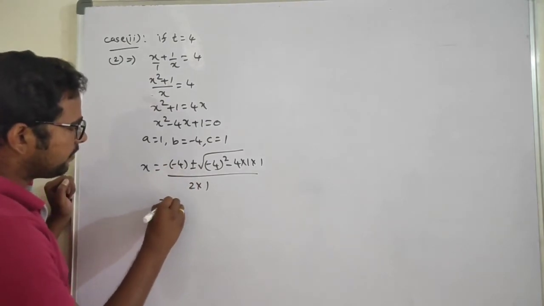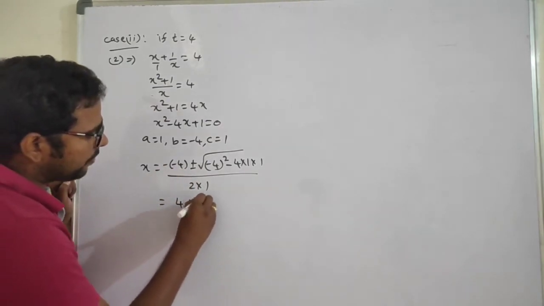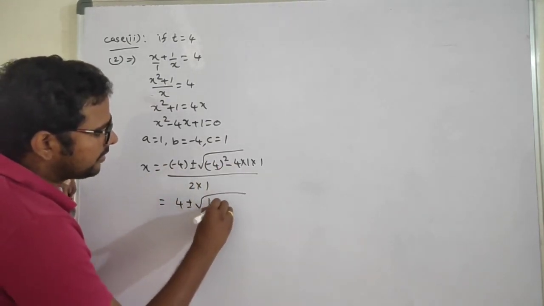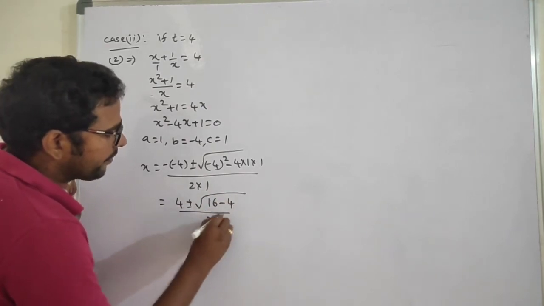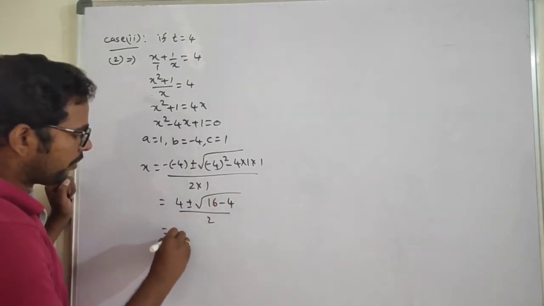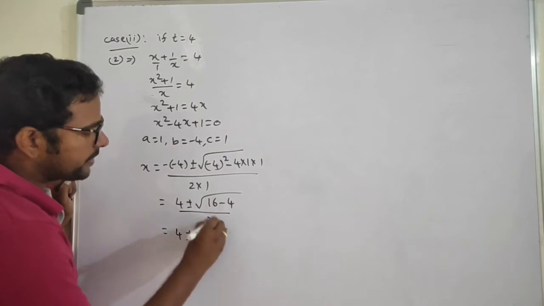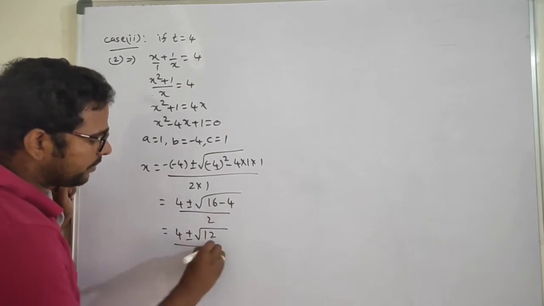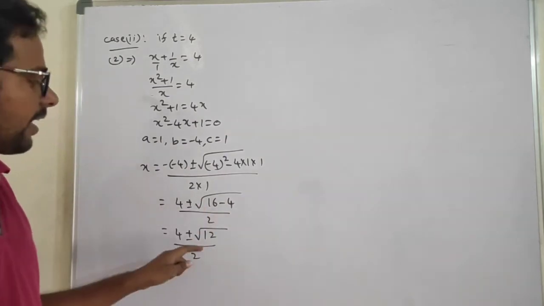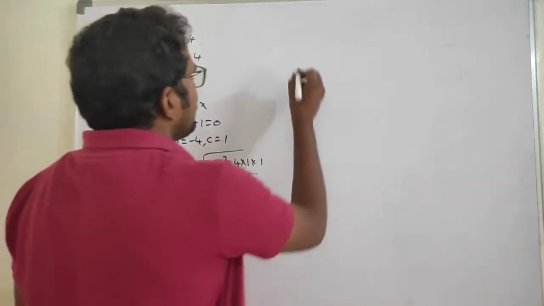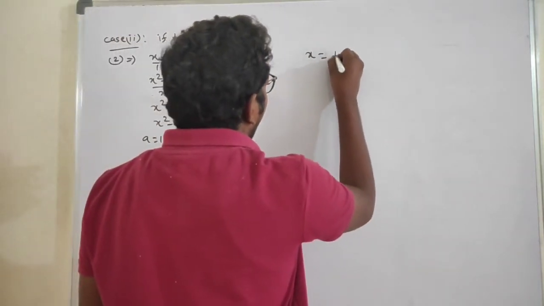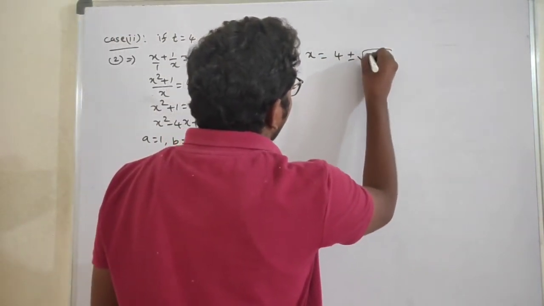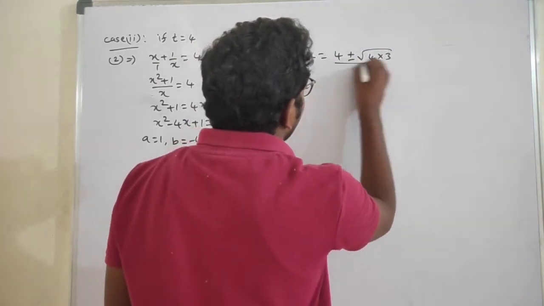That is 4 plus or minus under root of 16 minus 4, which is 12, by 2. We can write 12 as 4 times 3.